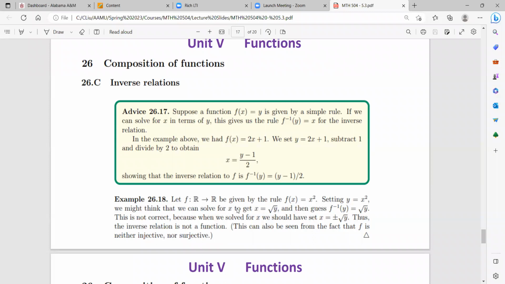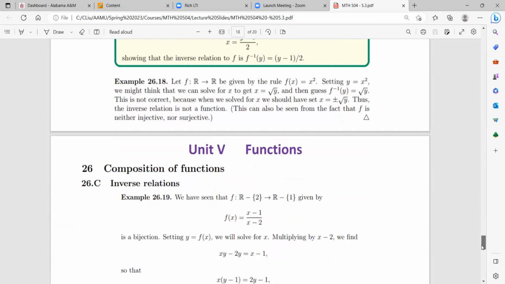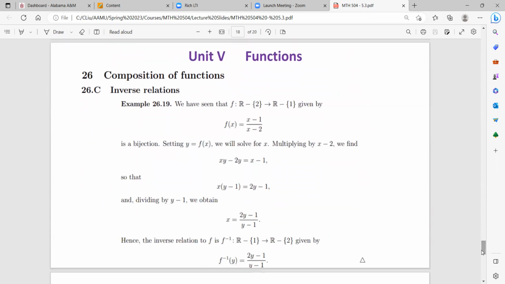So you can view this in different ways. It's not a bijection, so the inverse relation will not be a function. If you try to solve it, you can also see you do not get just one function or one root. We all know that.